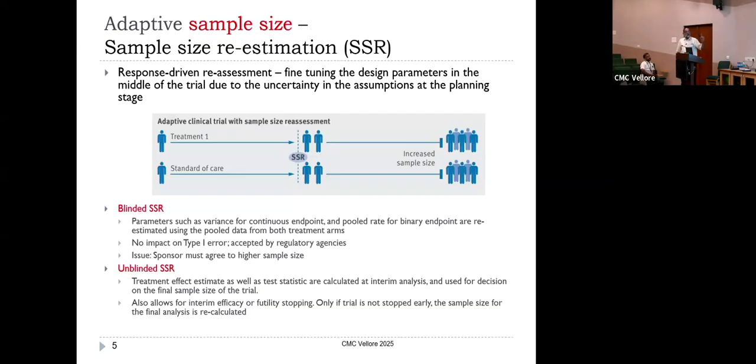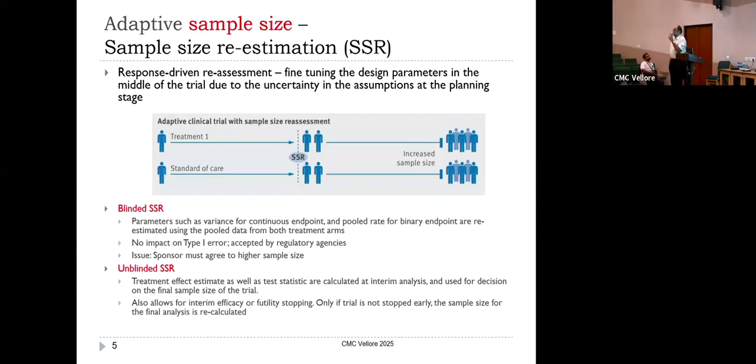They call it the blinded sample size re-estimation or the unblinded sample size re-estimation. Blinded means that you're not looking at the rate in one arm versus the other. You're looking at the overall event rate. Or you could say, if I have a continuous outcome, maybe the variability in the continuous outcomes that I use in the calculation came from another place, and the variability that I have is different because my instrumentation is different.